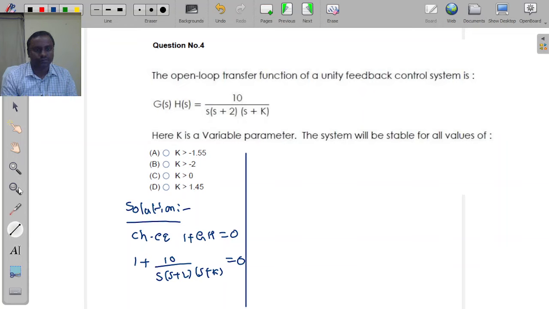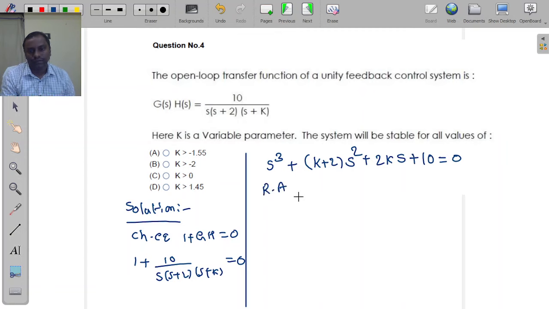Next, when you rearrange these things, you will get s cube plus k plus 2 into s square plus 2k into s plus 10 equal to 0.